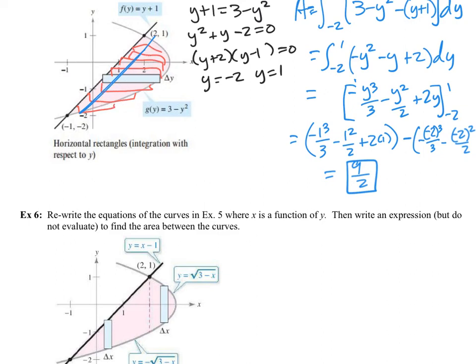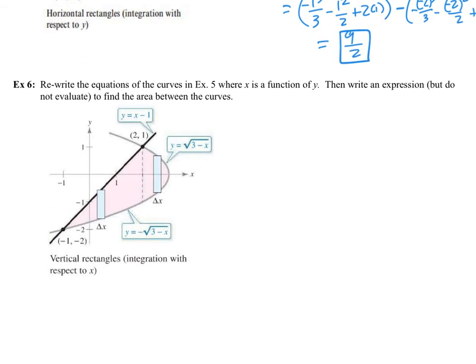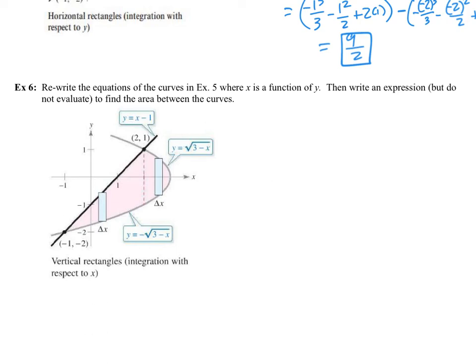Okay, so if we switch from a horizontal rectangle to a vertical rectangle, you'll notice when we do that, that if I were to draw several of them, all of these touch both curves, until we get to here. Once we get to this point, if I kept drawing horizontal rectangles, notice now I don't touch each curve, I just touch the same curve twice.